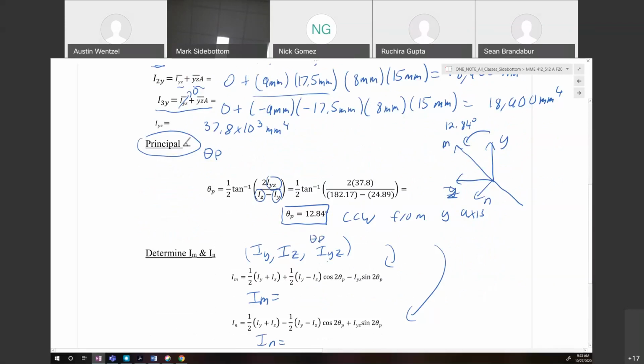It's just some algebra that you have to go through. If you do that, you would get 1.627 times 10 to the fourth millimeters to the fourth. And then for IN, we would get 1.91 times 10 to the fifth millimeters to the fourth.